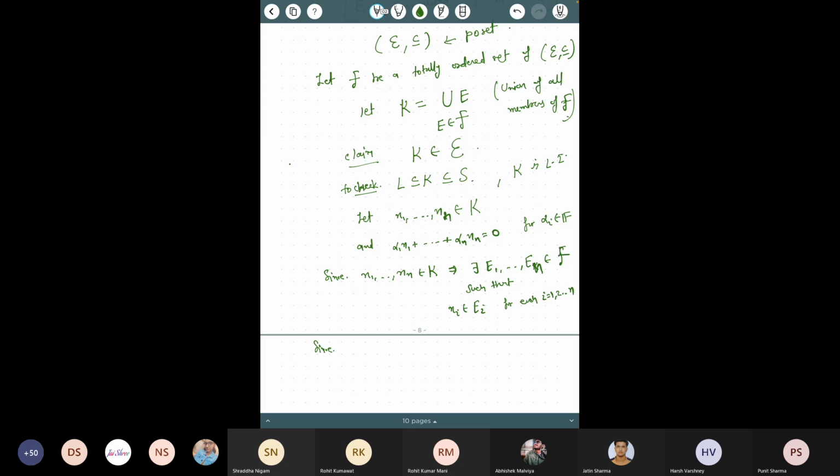This is true for all the members of F, because F is totally ordered. So this implies that there exists j in 1 to n such that all these vectors x1 to xn belong to Ej. Is it okay up to here?